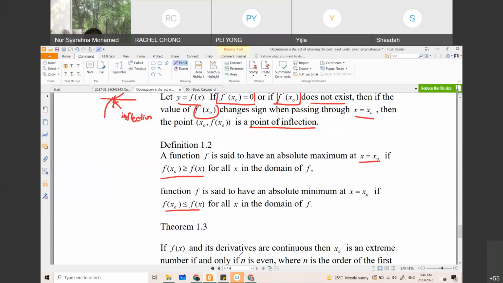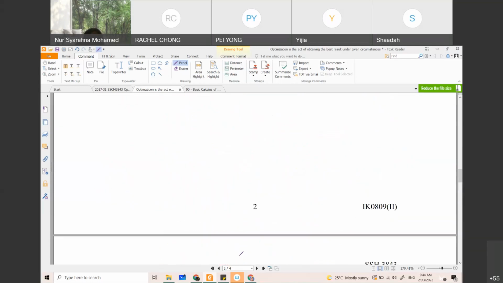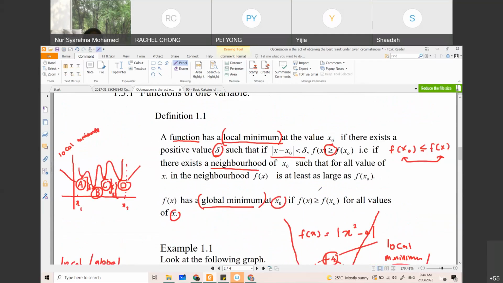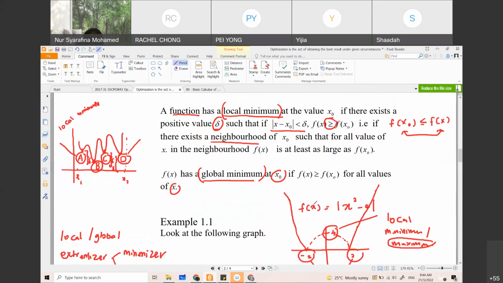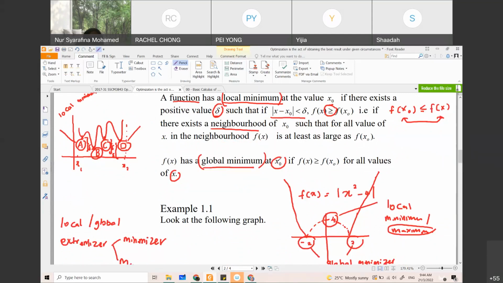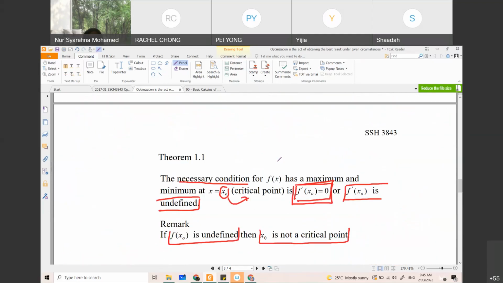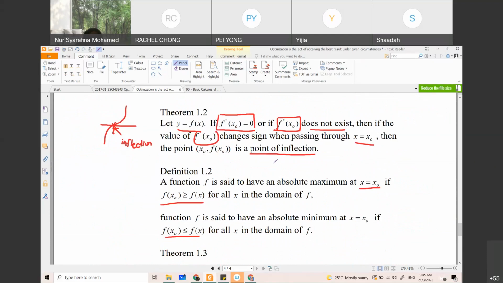So this definition is the same as the definition of global here. Minimum: f(x naught) less than f(x), absolute minimum. Maximum: f(x naught) greater than f(x).